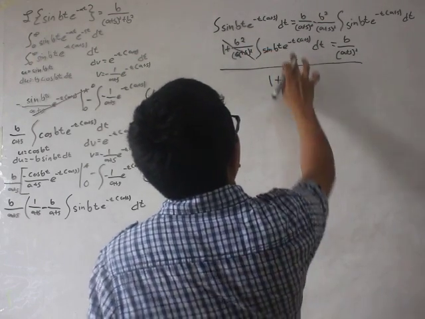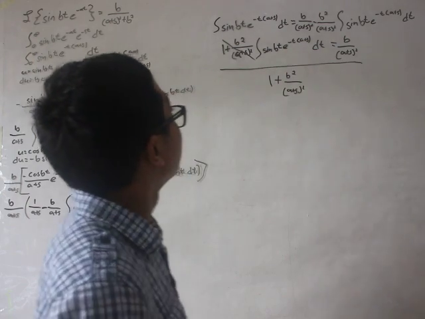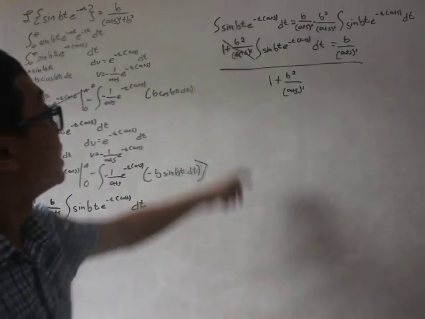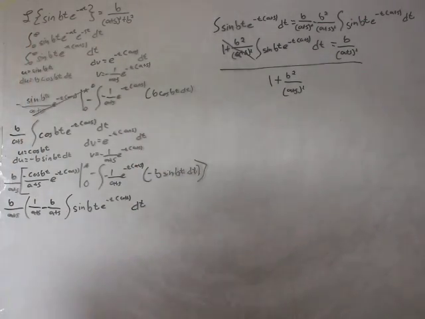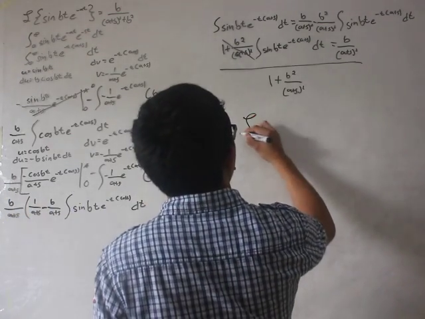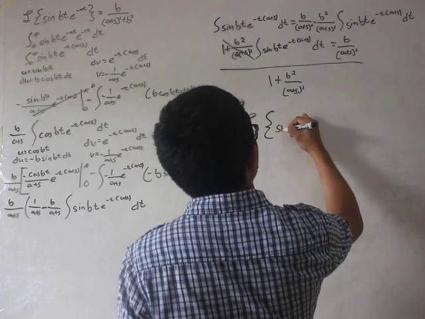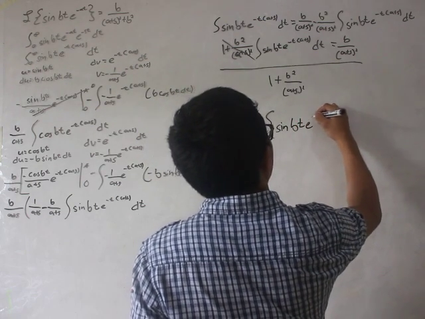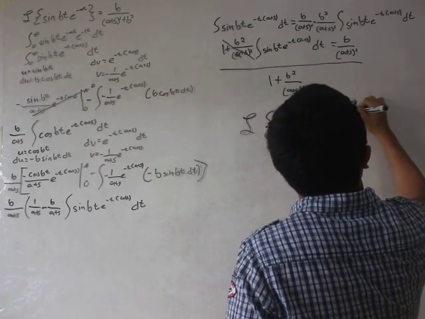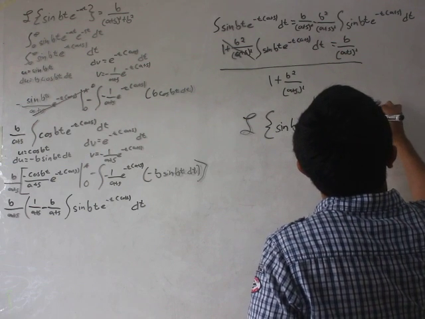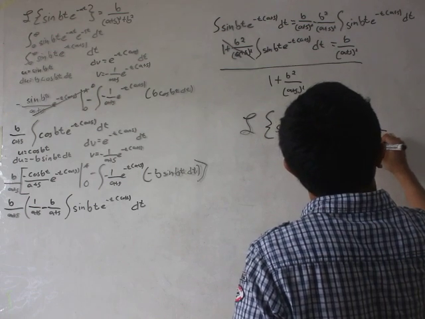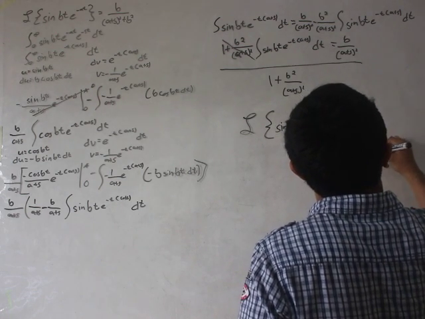Cancel this. The integral of sin bt e raised to negative t times (a plus s) represents the Laplace of sin bt e raised to negative at. So we can say that the Laplace of sin bt e raised to negative at is equal to b over (a plus s) squared, all over 1 plus b squared over (a plus s) squared.